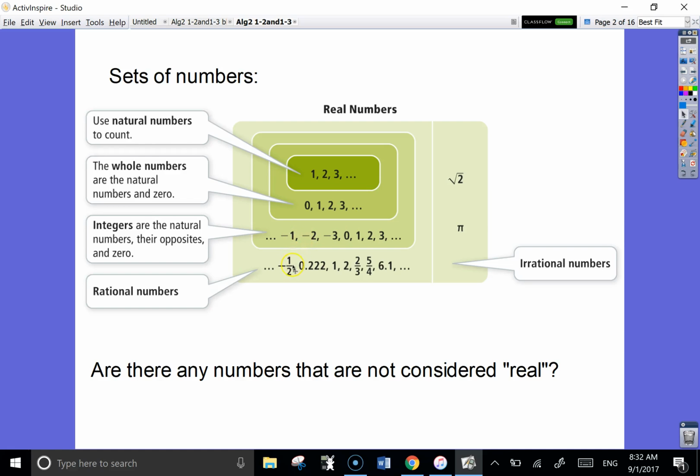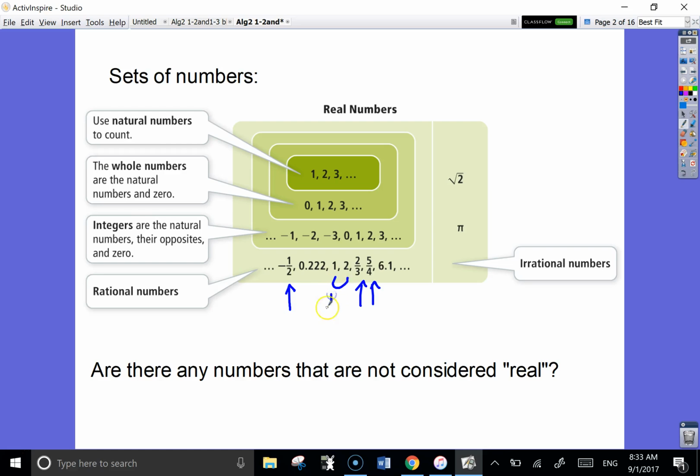Now, any number that can be represented as a fraction, even if it's not represented as a fraction, is considered a rational number. So you can see in this list that there are clearly some rational numbers because that's a fraction, and that's a fraction, 2/3, 5/4, right? But why is it that 1 and 2 are fractions?